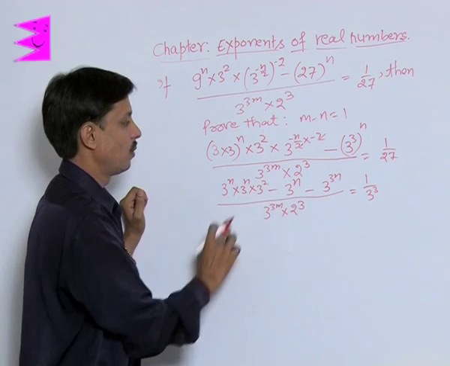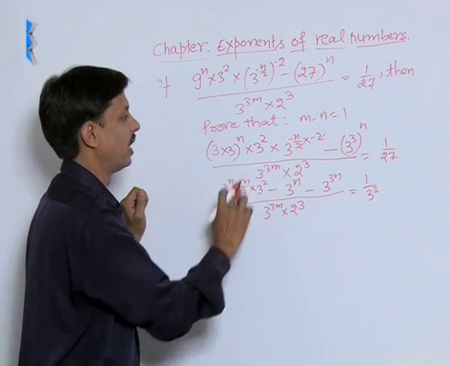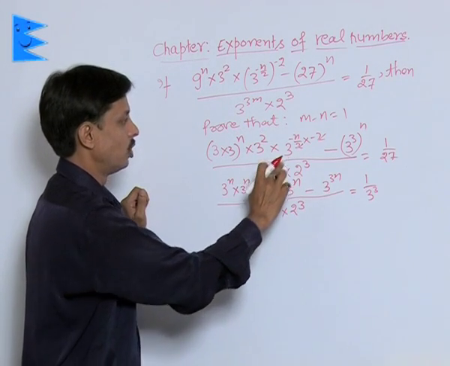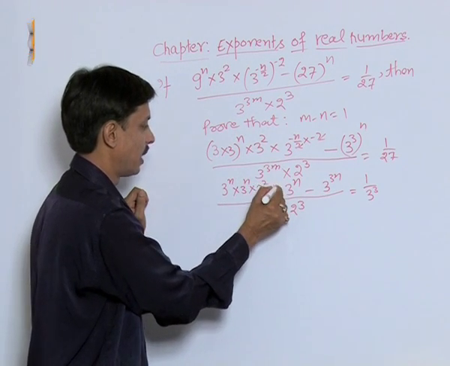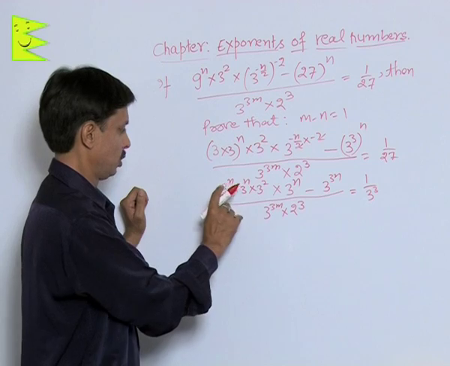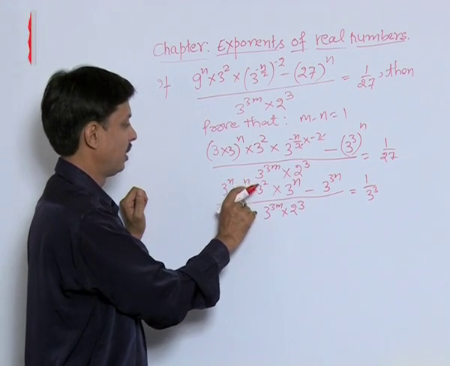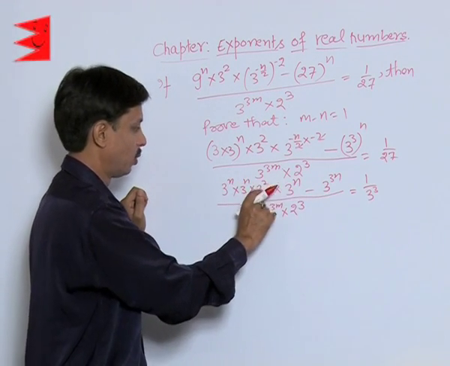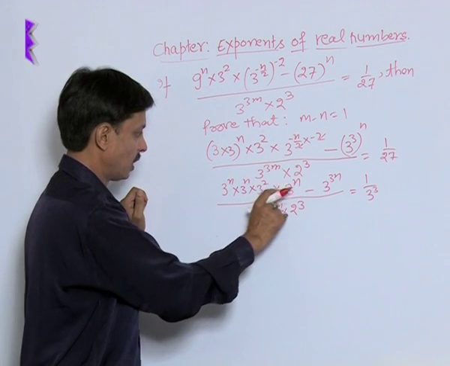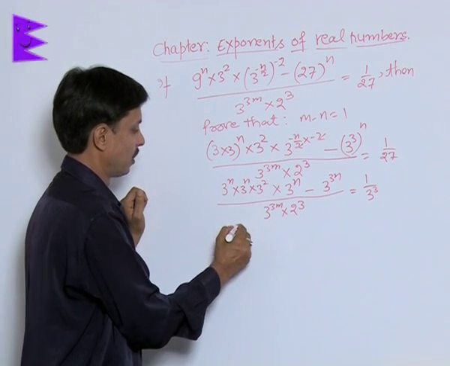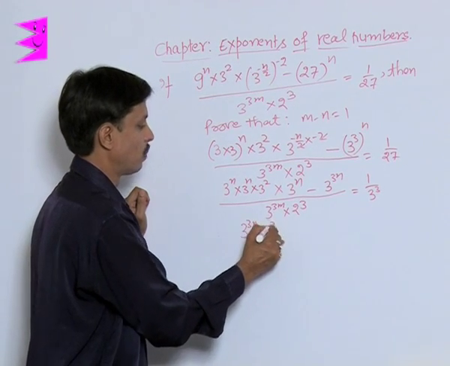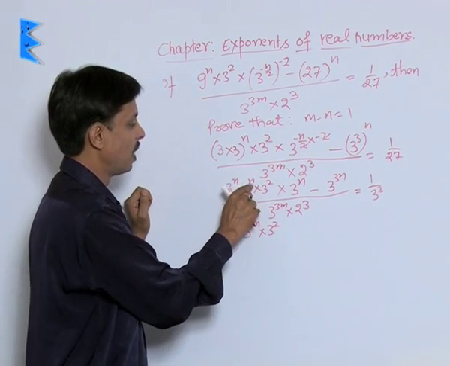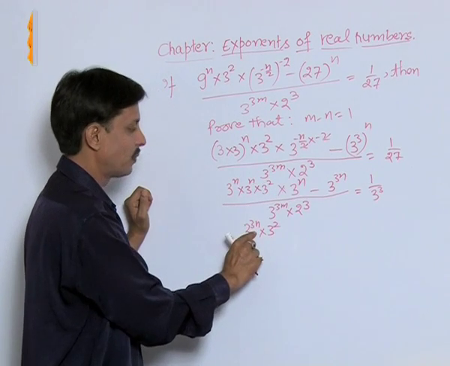Now here what we can say, in the numerator, by chance I have written minus here, this is a sign of product. So this is 3 is to power n, 3 is to power n, 3 is to power n into 3 is to power 2. This first term can be written as 3 is to power 3n into 3 is to power 2, because n, n and n become 3n.